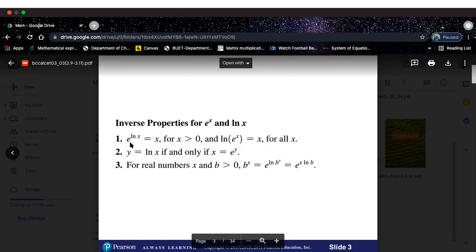Whenever you have exponential with natural log, or the other way, it actually leaves you with the associated part of it, nothing else. If you have y here, we would have written y. Since it's x, we have written x. Whatever we have here associated with this or this, we can straight away replace that with that particular variable.